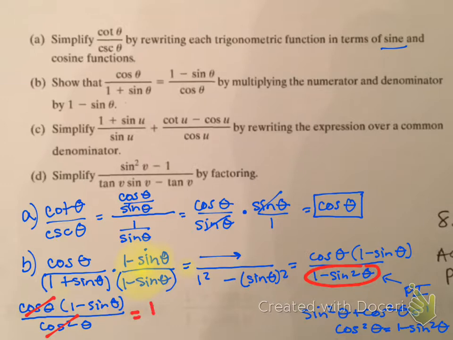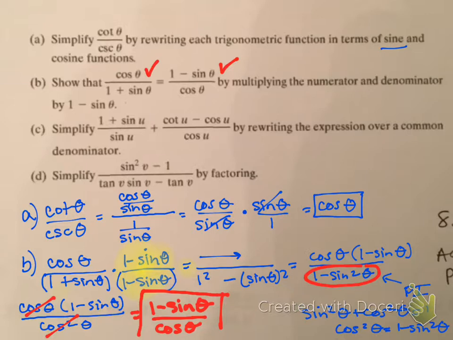So I'm left with 1 minus sine theta over cosine theta. And that's exactly what they wanted me to show. So now the left-hand side looks like the right-hand side. Part B is actually kind of what you have to do when you do an identity, so it's a good warm-up.